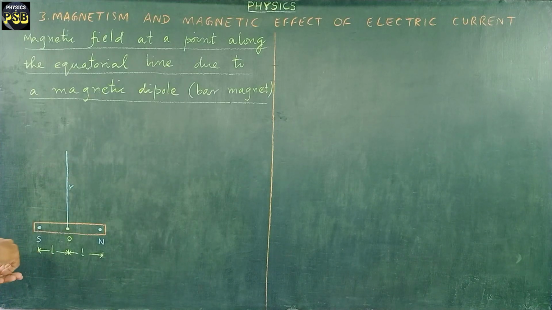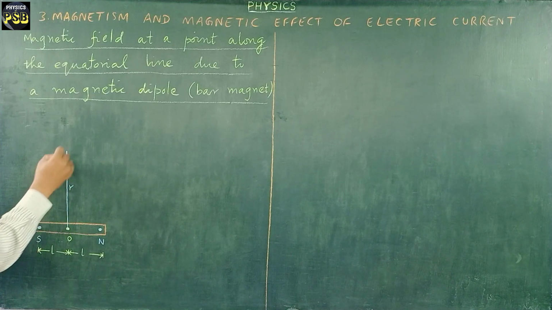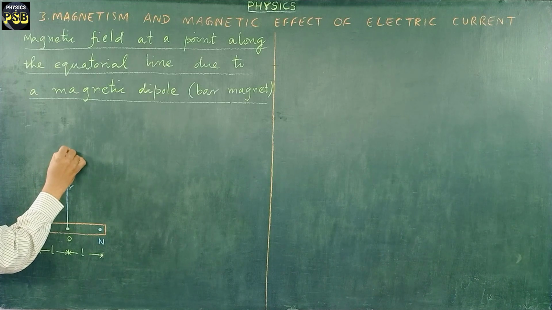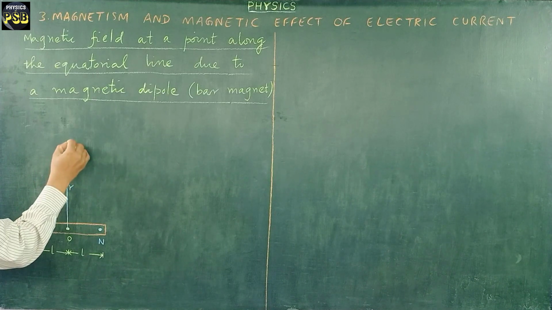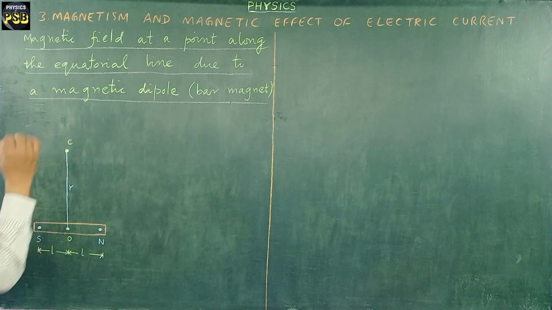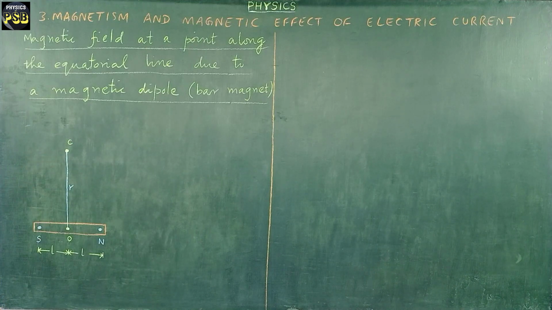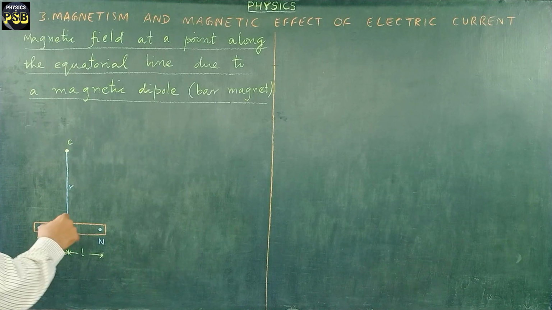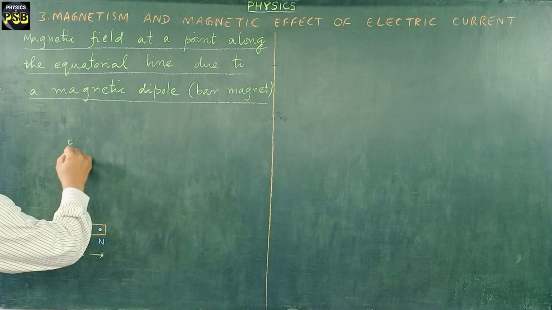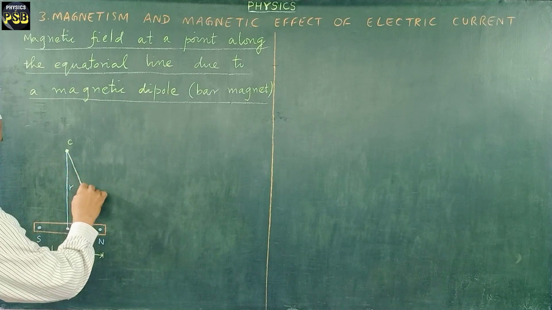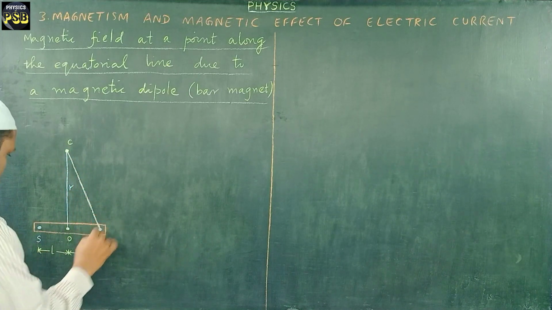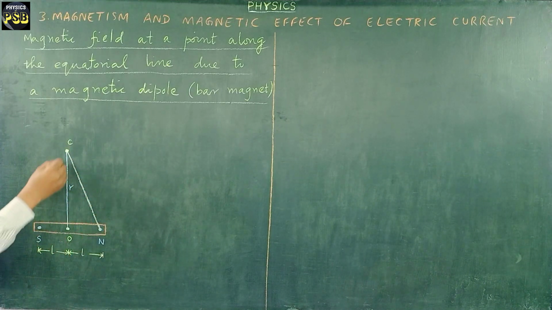Okay. So here I take a point, and I name this point as C. Then I connect this point C to the north and the south pole, something like this. I do the same thing to this side as well.